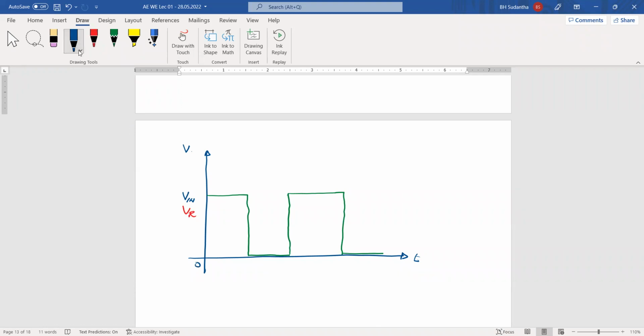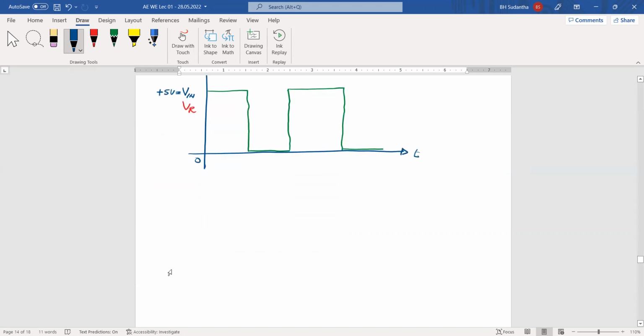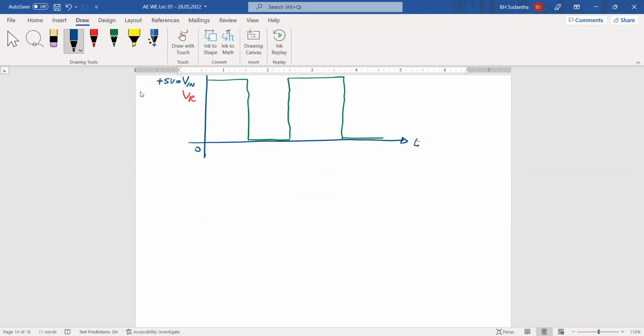Assume that this Vin here is plus 5 volts. And what about VR? At the same time, draw this one also.